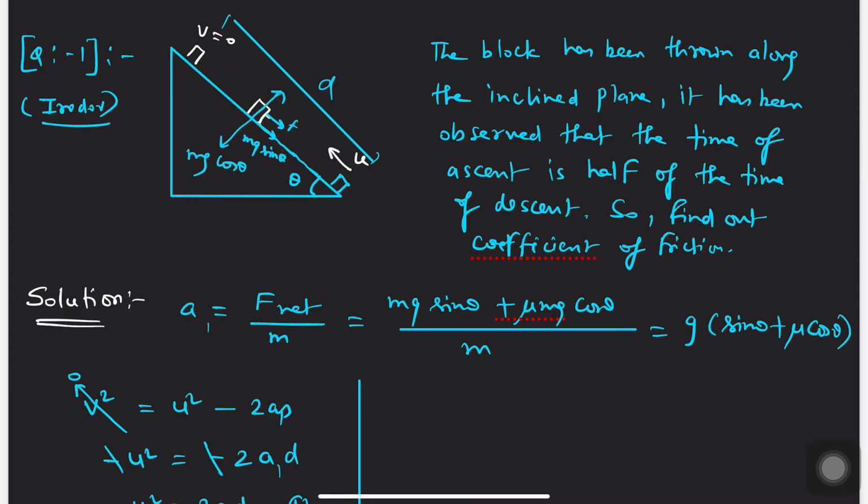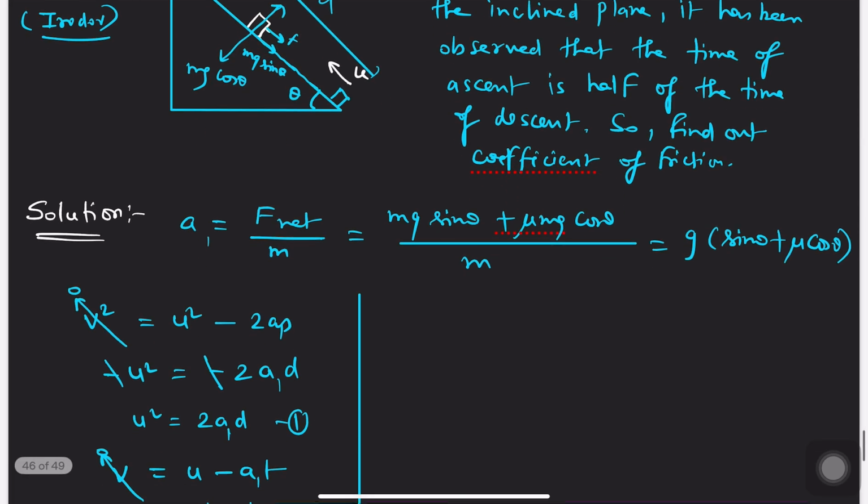In that case, if I write down a2, a2 will be F net divided by m. That will be mg sin theta minus mu mg cos theta, because it is coming down. It means mg sin theta should be more than mu mg cos theta, then only it can come down, otherwise it is not possible.